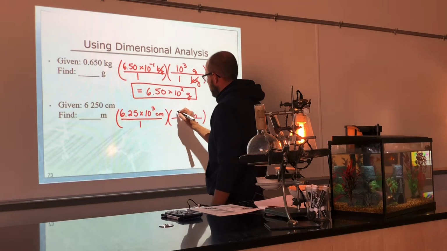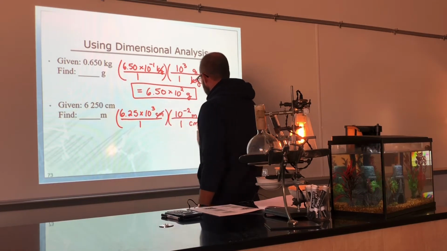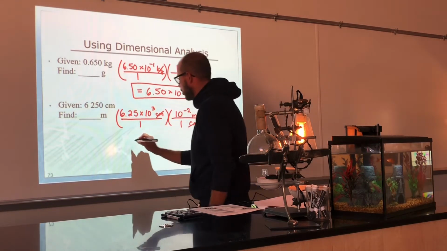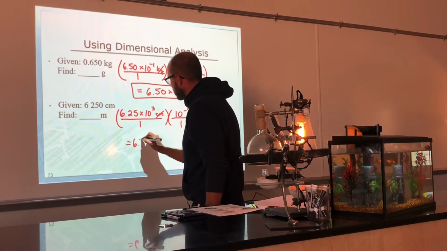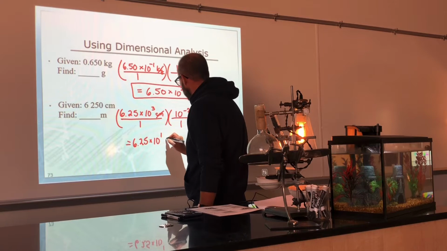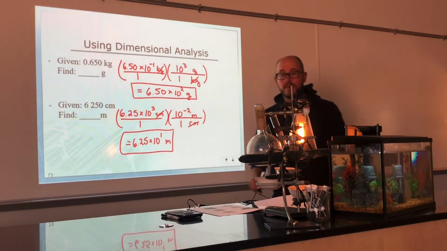It's 1 centimeter is 10 to the minus 2 meters. Centimeters cancels, and when we add the exponents, I have 3 minus 2. That gives me 6.25 times 10 to the 1 meters, which could also be expressed as 62.5 meters.